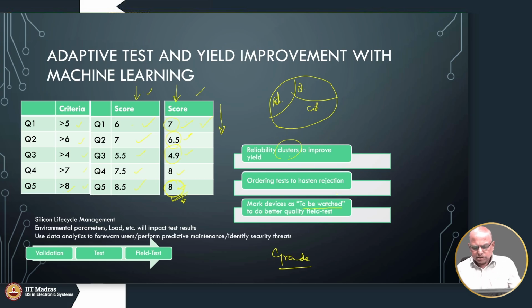Somewhere the HR will make a note that this person had just barely managed to pass Q5, so we have to watch. So all this is called silicon life cycle management. There is a term that is being used nowadays called silicon life cycle management.